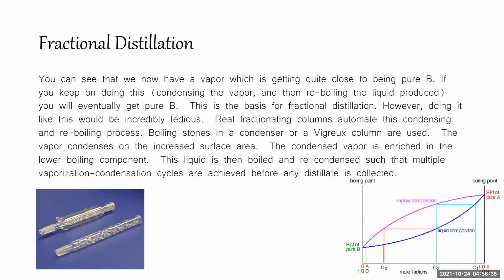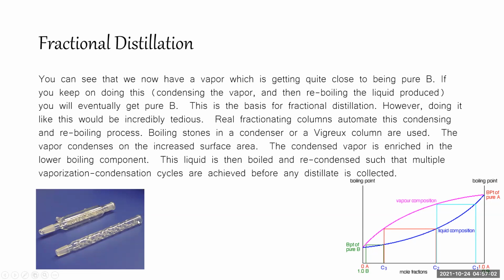Okay, so how do we get that to happen all in one distillation? We do what's called a fractional distillation, which includes a fractionating column. And that column will either be, in a simple case, a condenser that has some glass spikes on the inside to be able to hold beads inside of it.